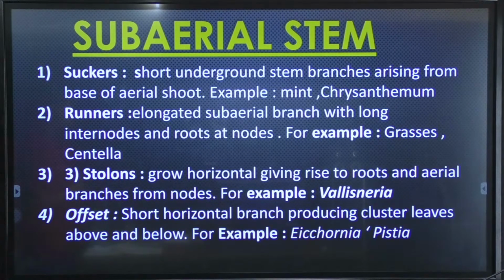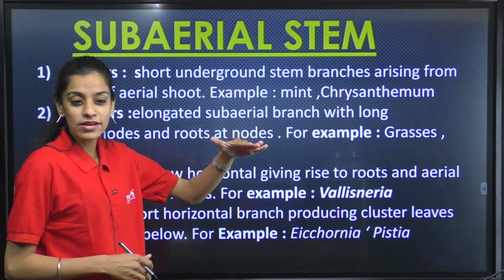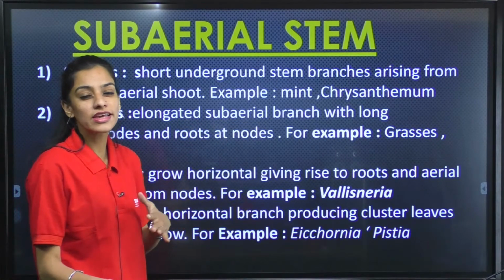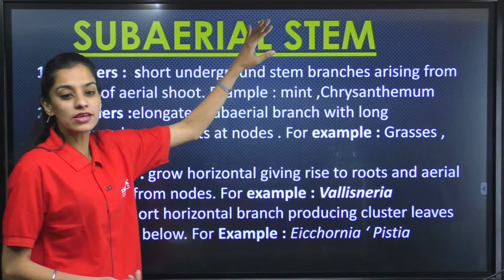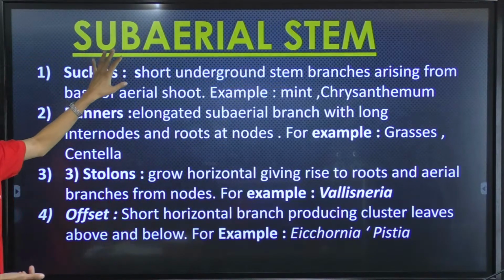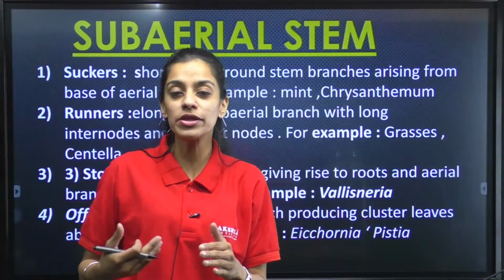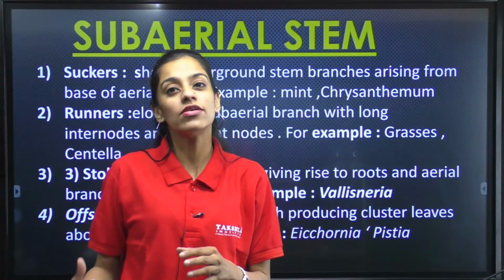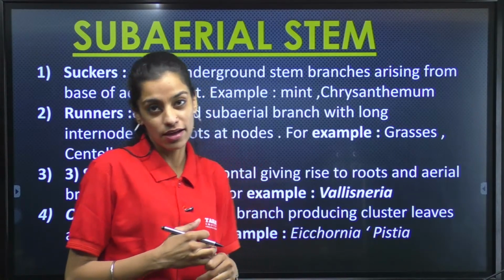If we talk about the subaerial part of the stem, it is something which is, you know, half in the air and half in the water, or we can say half in the ground. So that is referred to as your subaerial stem. Sub means somewhere in the center, right? So half of the body would be present in the soil or ground, and half of the body would be present in the air.